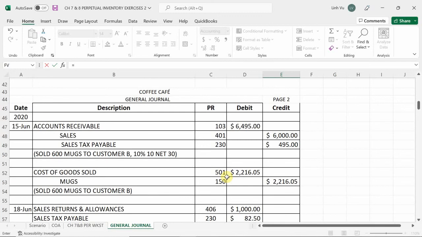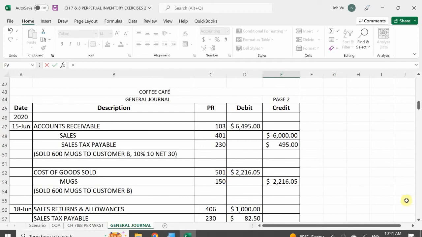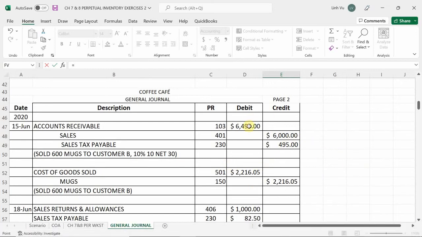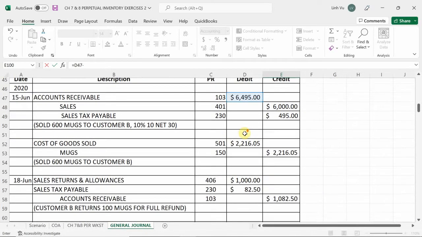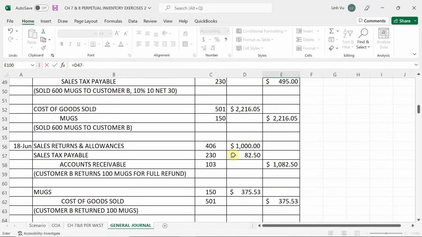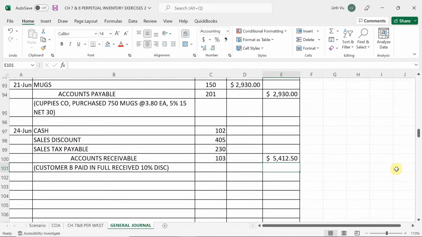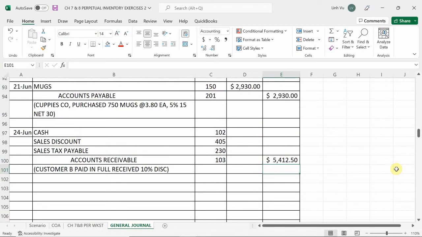So originally customer B owed me $6,495, but because they returned 100 of those items, we decrease the account by $1,082.50. So right now customer B owes me $5,412.50.